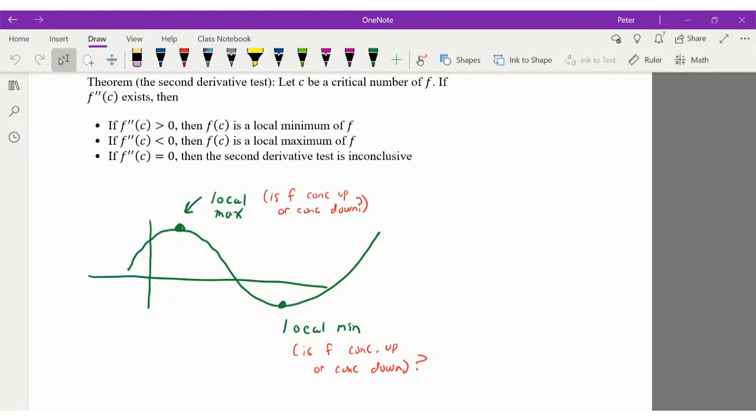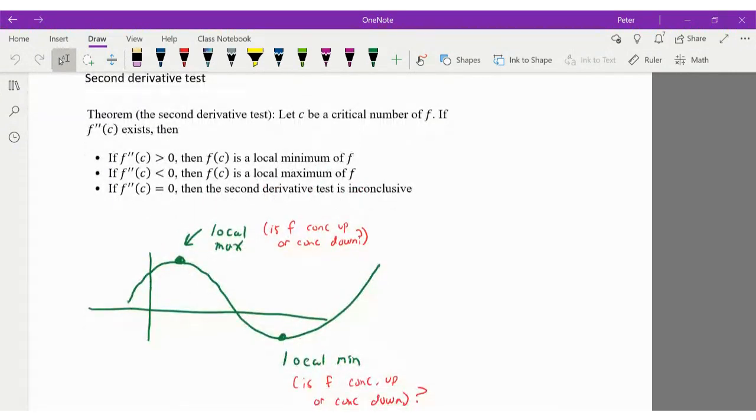So what that does is it suggests something called the second derivative test. The second derivative test is another way of determining whether a critical number is a local min or a local max. We already saw the first derivative test, where we're looking to see if the function is increasing to the left of a critical number and decreasing to the right, then it's a max.